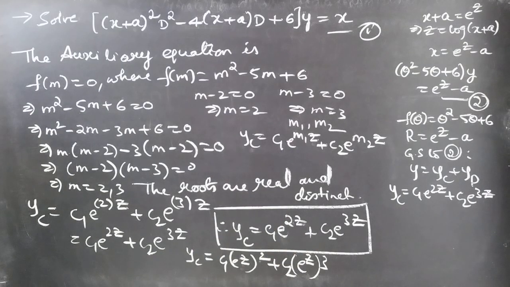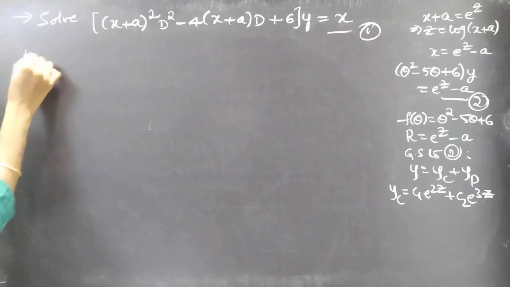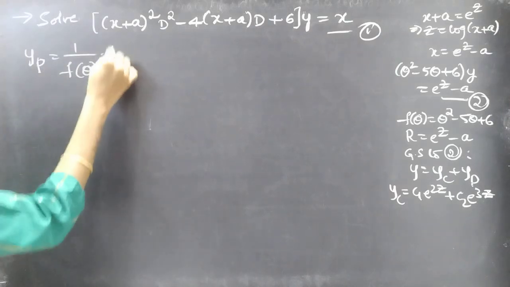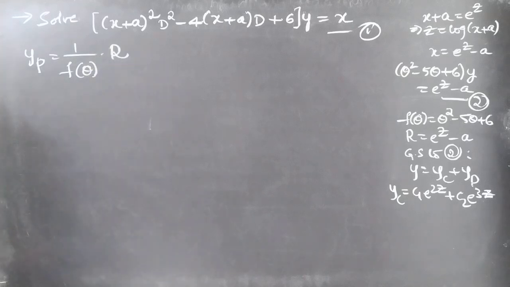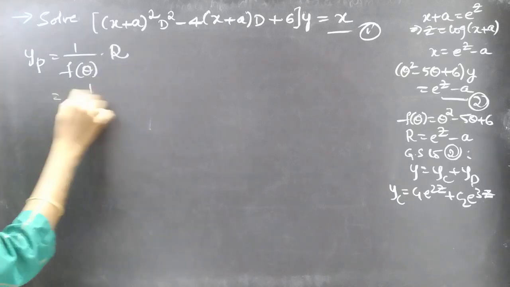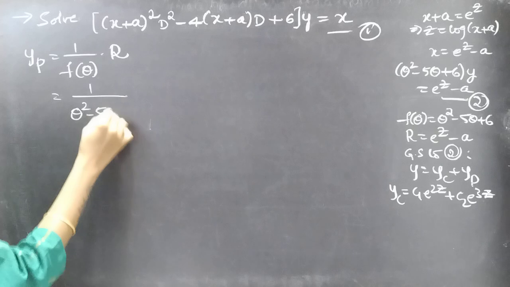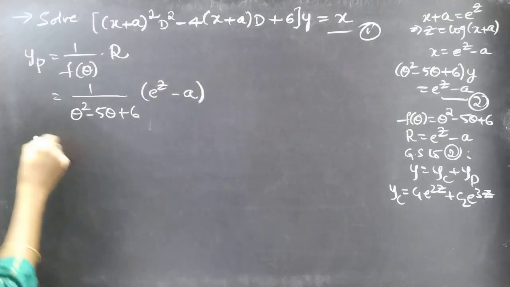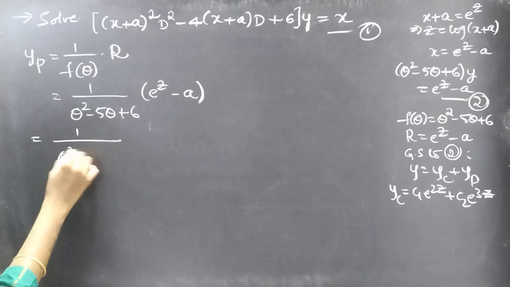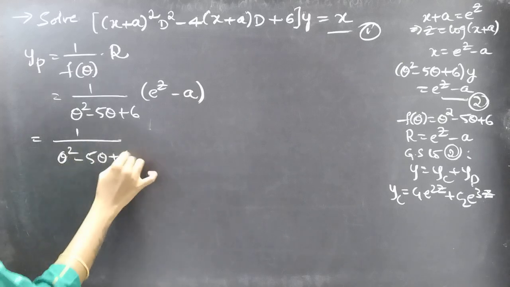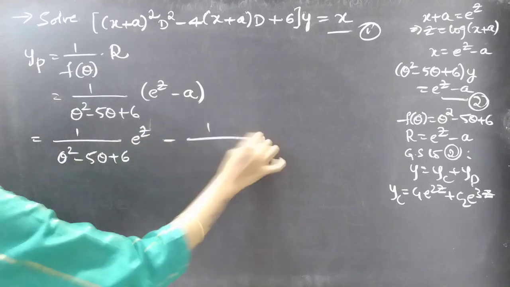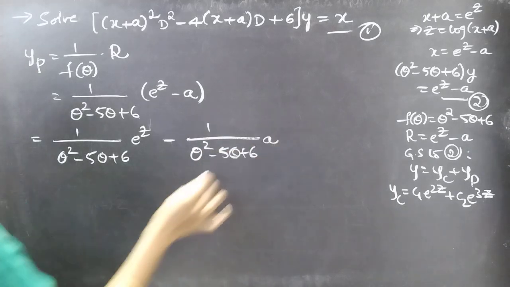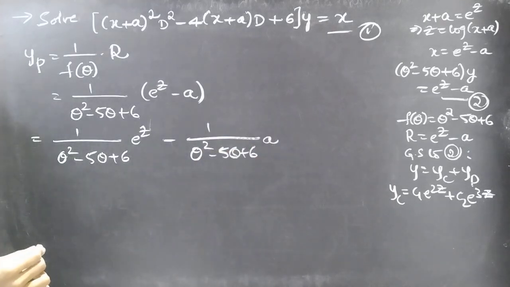Now coming to yp. yp is given by 1 by f of theta into the RHS part of the reduced equation, equation 2. We have f of theta as theta square minus 5 theta plus 6 and r is e power z minus a, right? We can write this as 1 by theta square minus 5 theta plus 6 into e power z minus 1 by theta square minus 5 theta plus 6 into a, right?